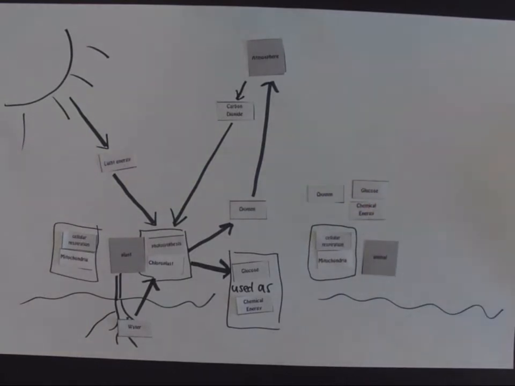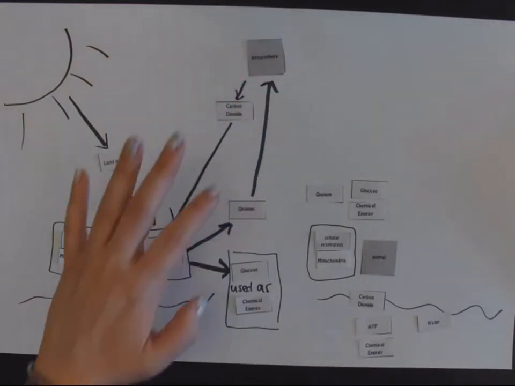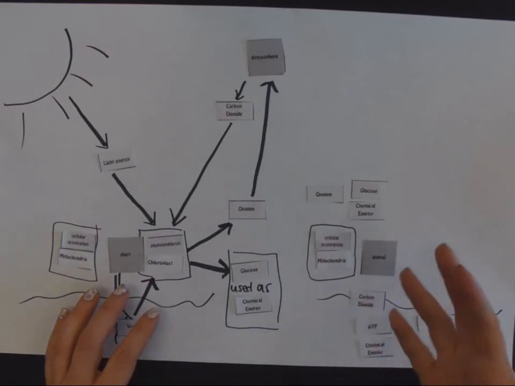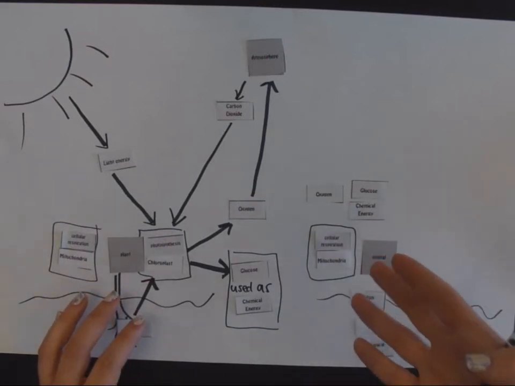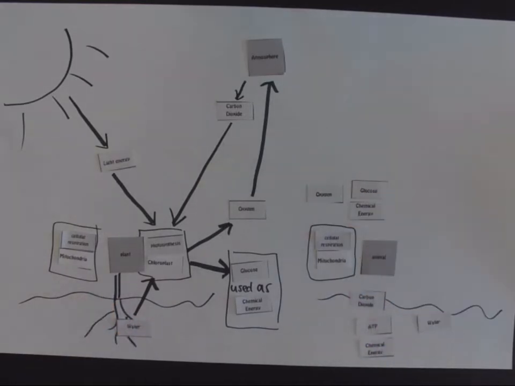And I know that cellular respiration outputs carbon dioxide, ATP, which is chemical energy, and water. I need to draw how these are all connected though. Right now I have my atmosphere and the plant connected, and the animal is just kind of doing cellular respiration all on its own.